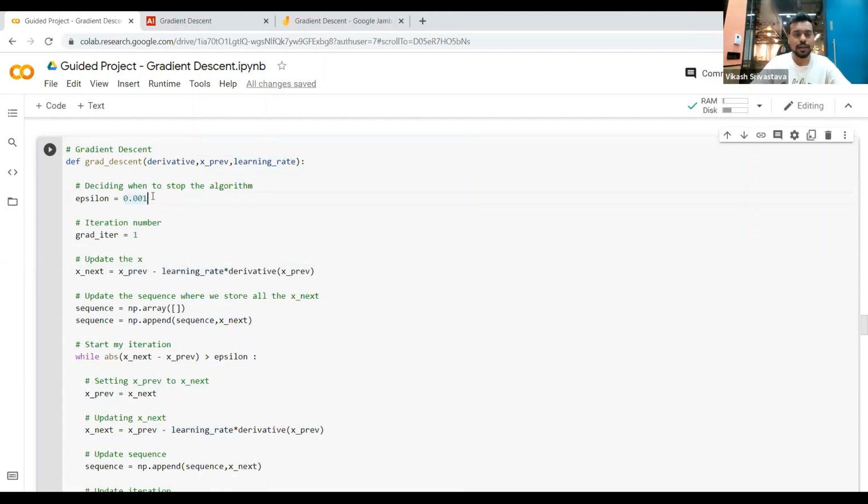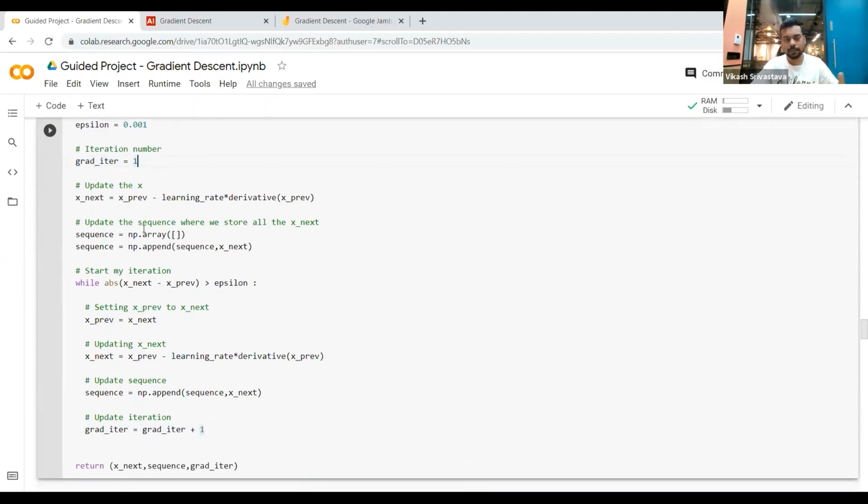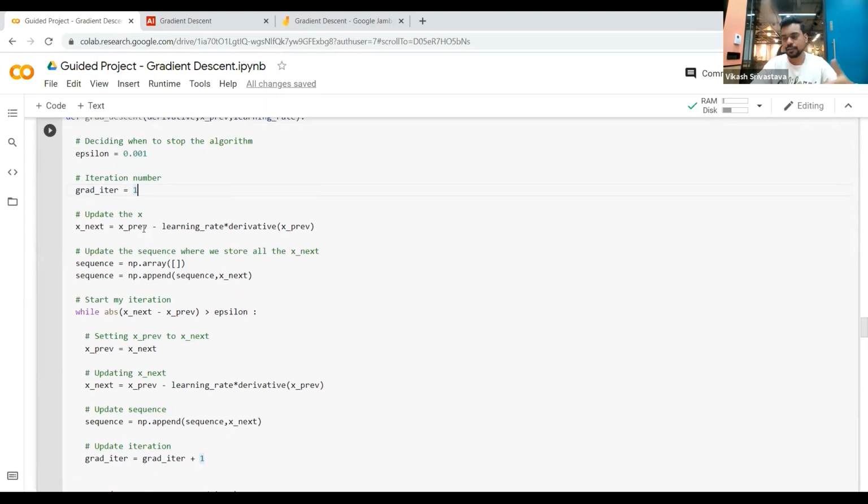Now first things first, we will define when to stop the algorithm. So epsilon, I'm just defining here as 1/1000. There is one counter I have created, which is short for the number of iterations, grad iter. So this is one. This will define the first iteration, and then we'll keep updating that as we have more and more iterations.